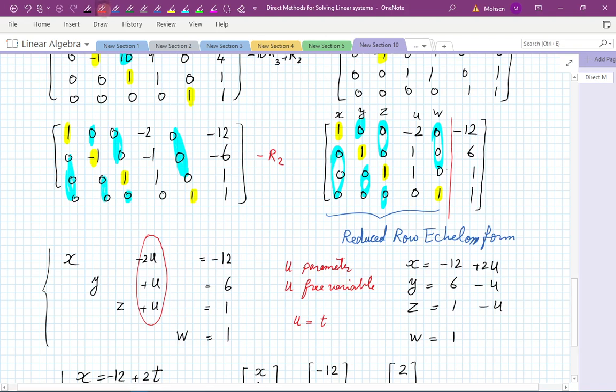Everybody that's left, x, y, z, w, are called dependent variables. That is, when u goes to the right hand side, they will become dependent on u. This one, if you want to insist, is plus 0 times u, so it is a weak dependence. Okay, so we talked about that one as well.